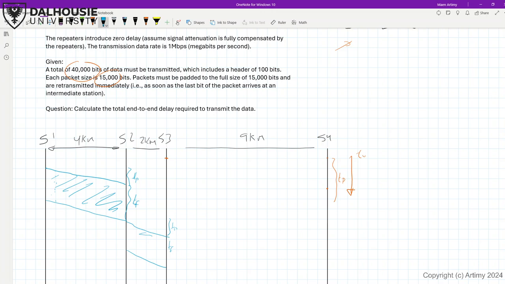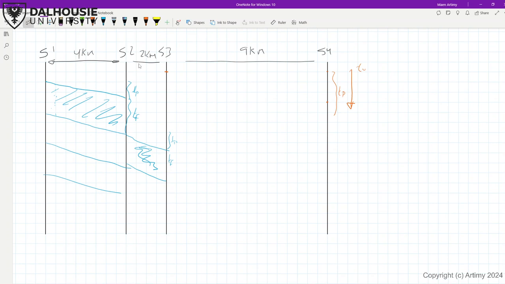By the time this is going on, station 1 is sending the second packet and the third packet and so on, right? We still don't know how many packets, but this is the idea. As soon as the packet has completely arrived, not part of it but the whole thing, because the station needs to receive the whole packet before it transmits it. So as soon as the second packet arrives completely, and correctly as well, it will be sent by station 2 to 3. And as soon as the third packet arrives, it will be sent as well.